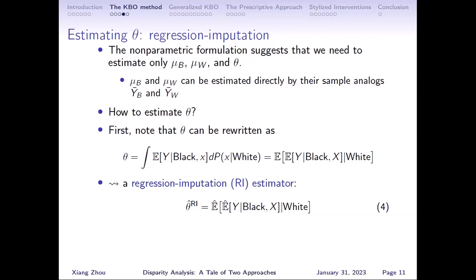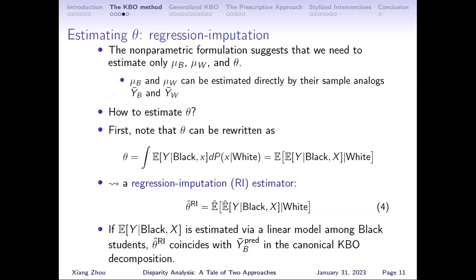That will give us a regression imputation estimator of this kind of counterfactual quantity. And if the outcome model is estimated using a linear model among Black students, then this regression imputation estimator will coincide with the average predicted value in a canonical linear KBO decomposition. But we can estimate the same thing even if we don't assume a linear model.